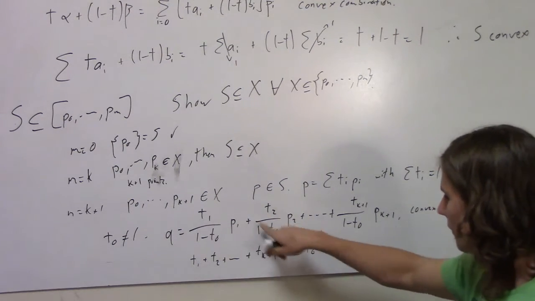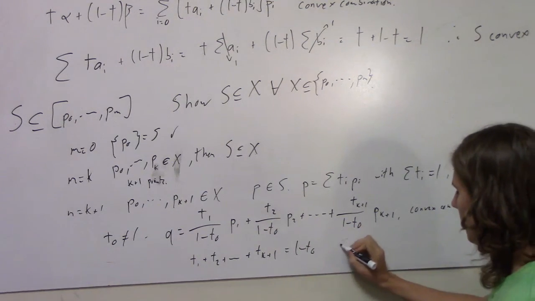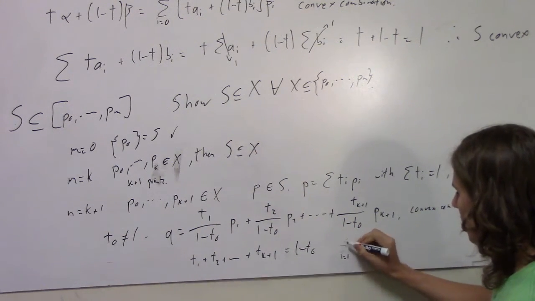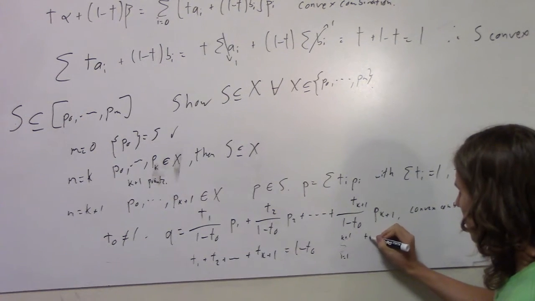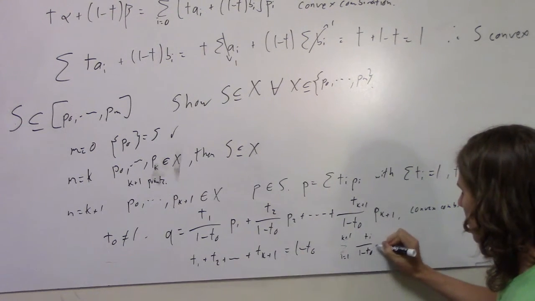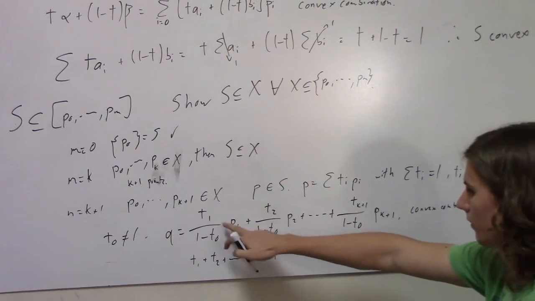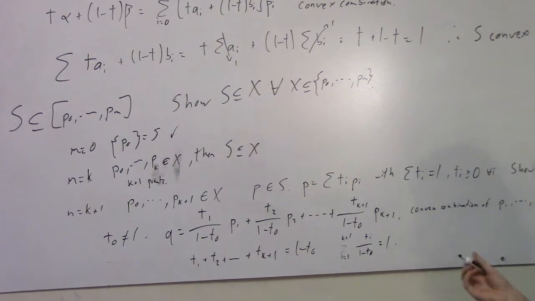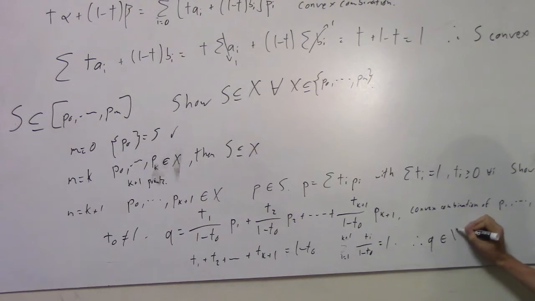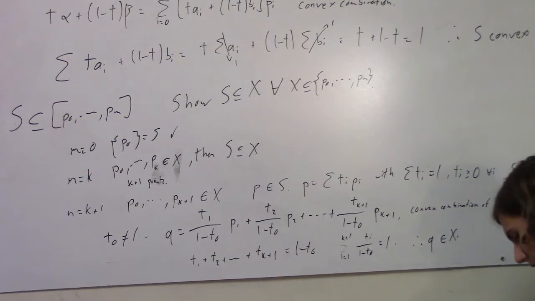Therefore the sum of all these divided by 1 minus t naught is 1, so it's convex, and all of these are greater than or equal to 0. Therefore, Q is an element of X.